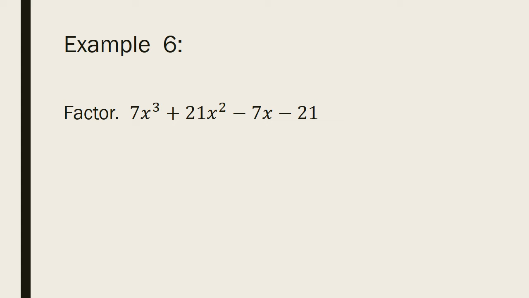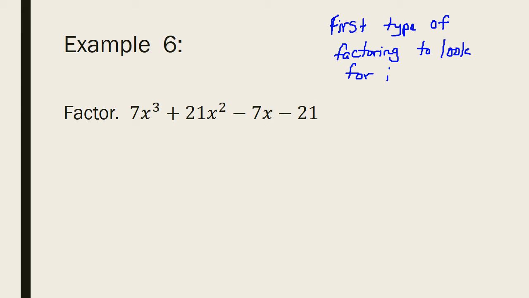But remember, the first type of factoring that you always look for is, this is very important, it is the GCF. Always look for the GCF. In any type of factoring, look first to see if there's a GCF. And when we look here, we should see that we've got a GCF of 7x.